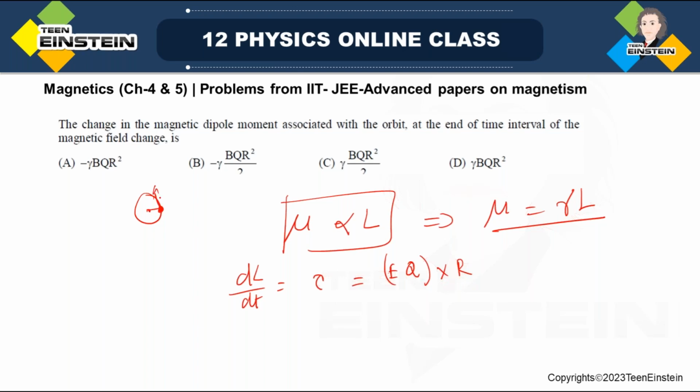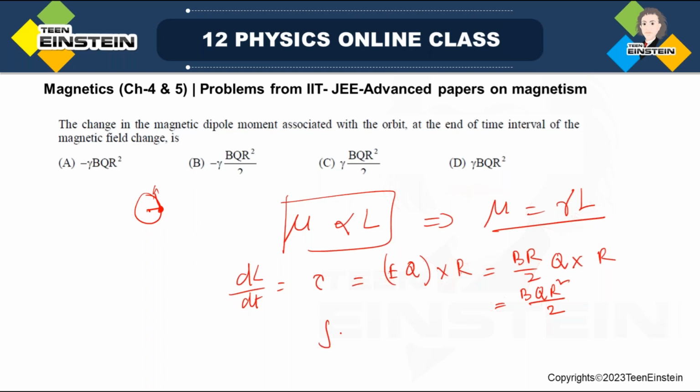Now the electric field we have already obtained as Br by 2, and Q is also a constant term, and this is R. So we have B Q R square by 2.